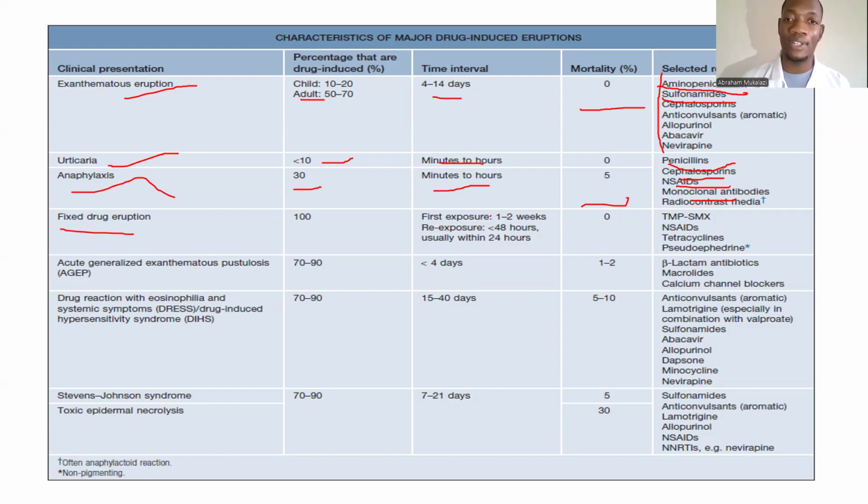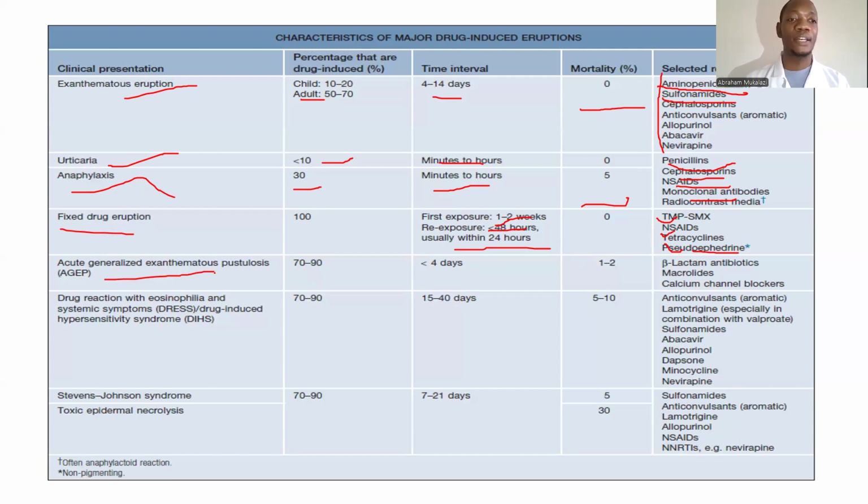If it's the first exposure, it can take about 2 weeks. If it is a re-exposure, less than 2 days, and usually within 24 hours someone gets a reaction after taking the inciting agent. Commonly seen with co-trimoxazole, NSAIDs, tetracycline, and pseudoephedrine, which is very common in cough syrups and flu syrups, and they are common over-the-counter medications.